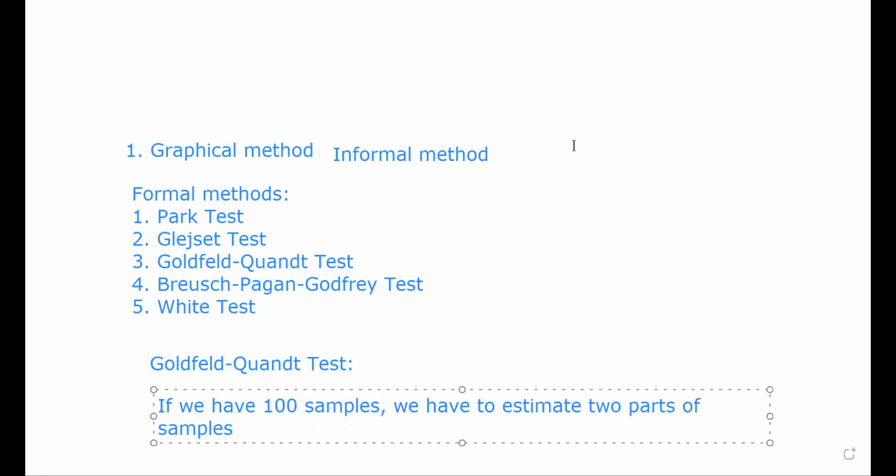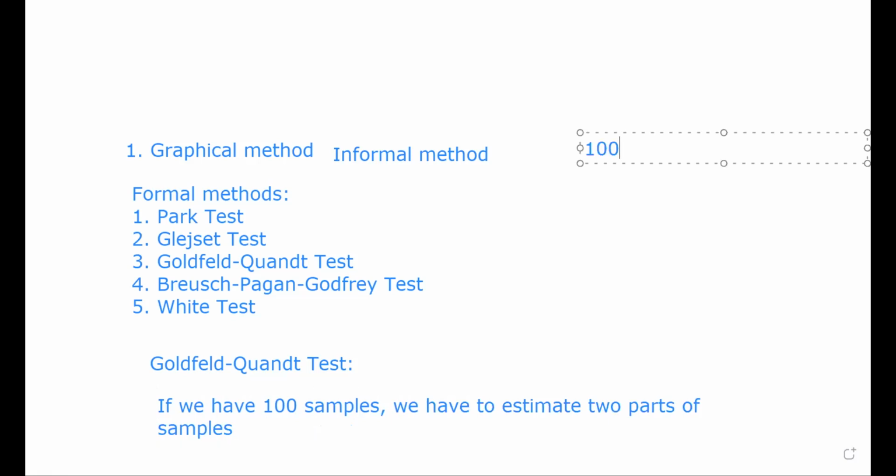Okay, for example, 100 samples. We divide it here. The first part, for example, we have 40 samples. The second, the middle part, we have 20 samples.